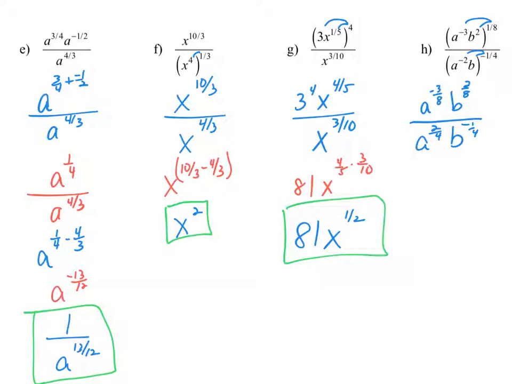Now I'm going to move any negative exponents around. So our next step can be written as a to the negative 3/8 power. I'm going to move it to the denominator. And b to the 2/8 power, I'm going to leave in the numerator, or you can write b to the 1/4. A to the 2/4, which is the same thing as 1/2, can stay in the denominator.